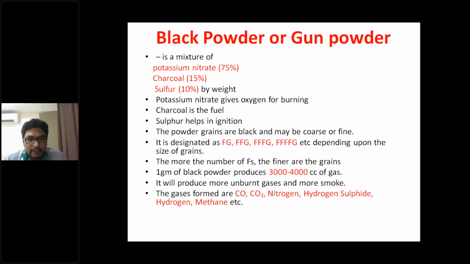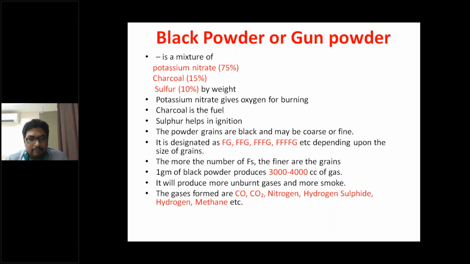The powder grains are black and may be coarse or finer, and are designated as FG, double FG, triple FG, 4FG, depending upon the size of the grain. The more Fs, the finer the grain.